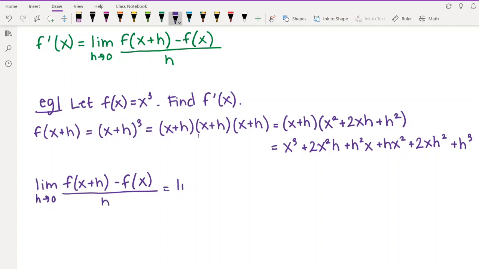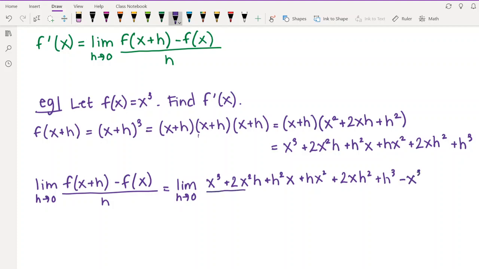In this case, that's going to be the limit as h approaches 0 of what we just found over there, so x cubed plus 2x squared h plus h squared x plus hx squared plus 2xh squared plus h cubed. And then from that, we are subtracting x cubed because that's our f of x, and that's all divided by h.